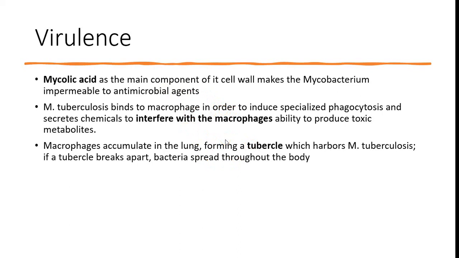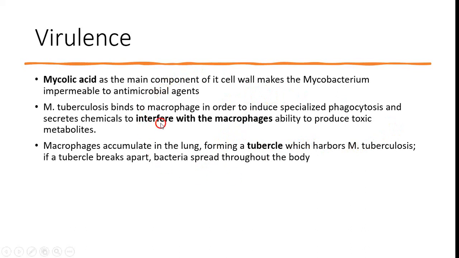When a macrophage engulfs this microbe, instead of destroying it, the microbe is going to be able to replicate and divide inside that macrophage. So it's basically going to help it hide from other immune responses that the host is mounting and trying to get rid of it.